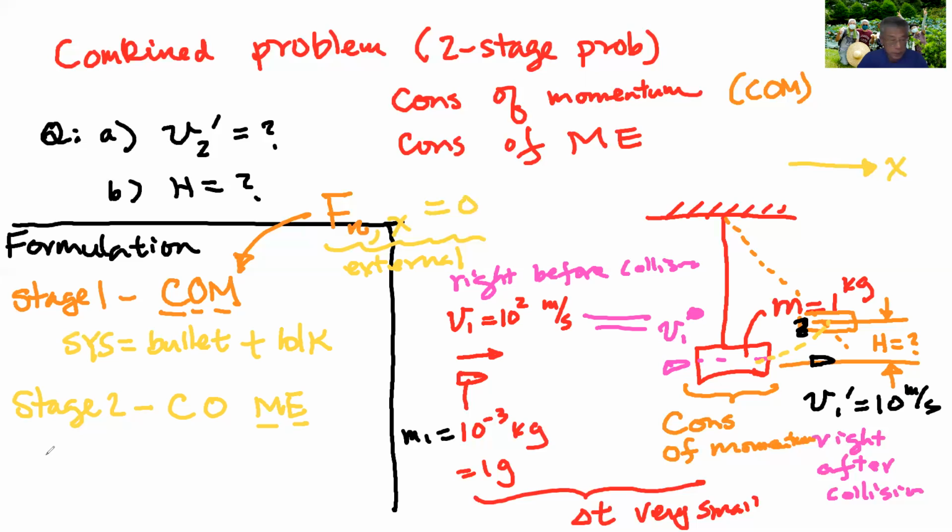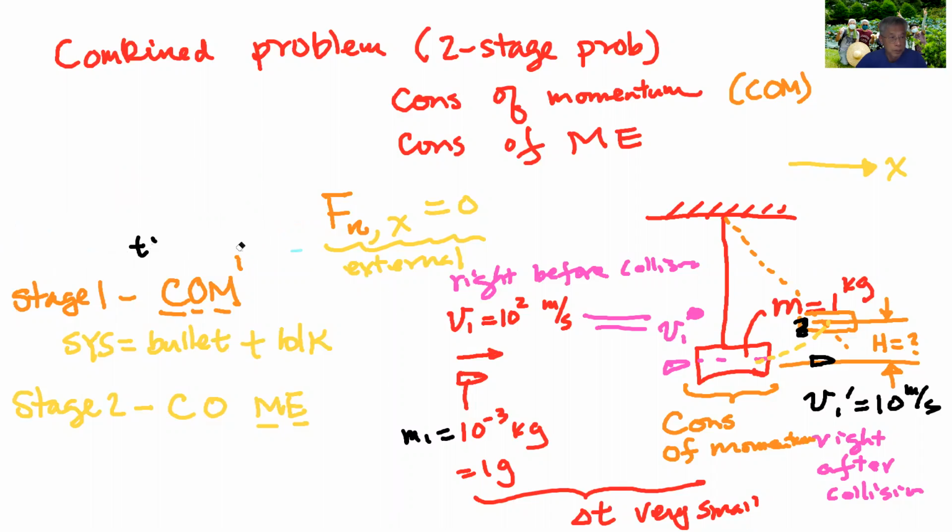All right, so let's see. We have stage one and stage two. Now we're going to erase this here, and then we'll continue. We're looking for the V2 prime and the height. Okay, so let's erase this.